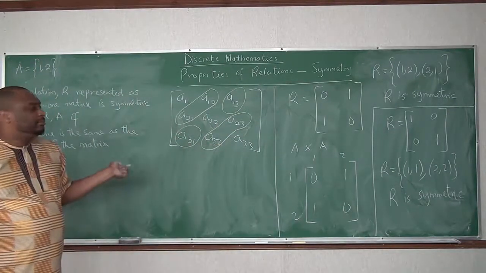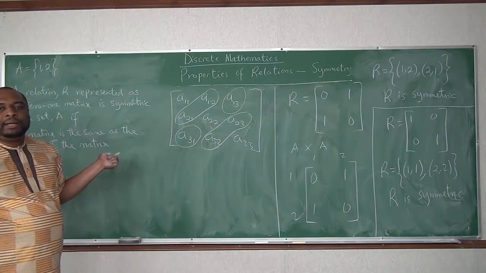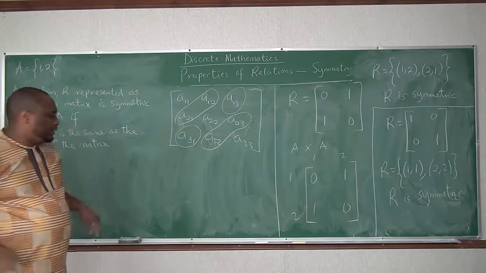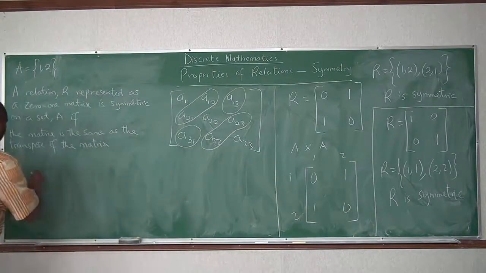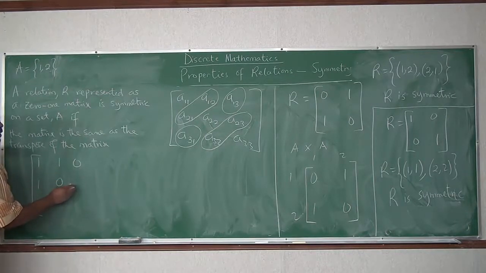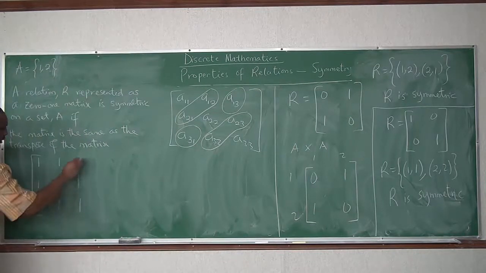If they give you a 3 by 3 matrix, so if you have something like this, maybe 1 1 1 here, 0 0 here, 1, and here you have 0, and here you have 1, and here you have 1.